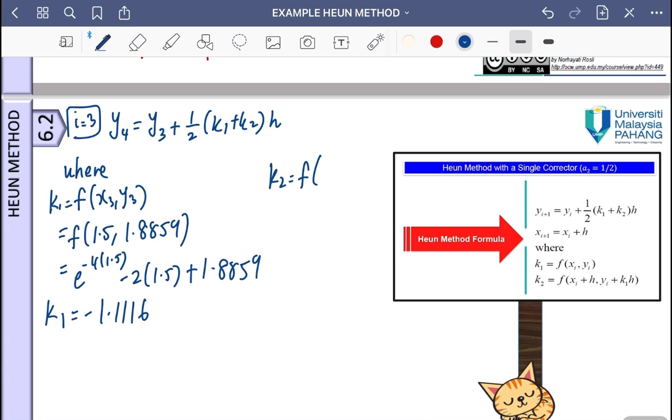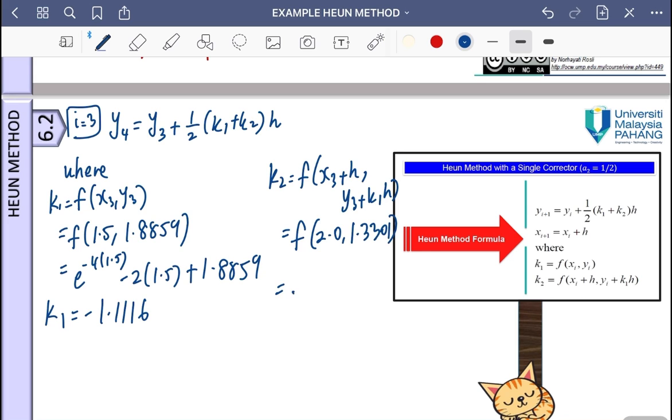Then for the second slope, k2, it comes from our f at the point x3 plus h, and here is y3 plus your first slope times your step size. If you simplify this, you may get 2, and here is 1.3301.